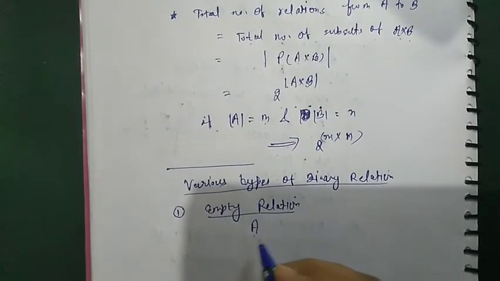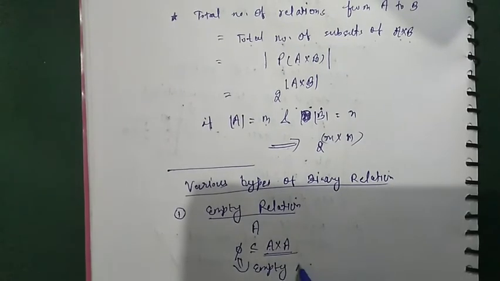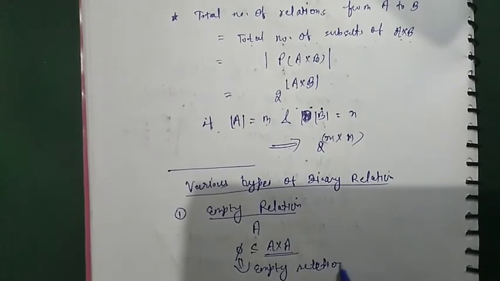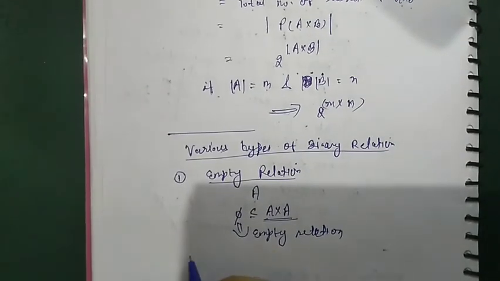Say A is a set, then we know that the empty set is always a subset of any set. So the empty set will be a subset of A cross A also. So this is a subset of A cross A, and this is also a relation, which is empty. So this is called an empty relation. An empty relation is always unique in any set.